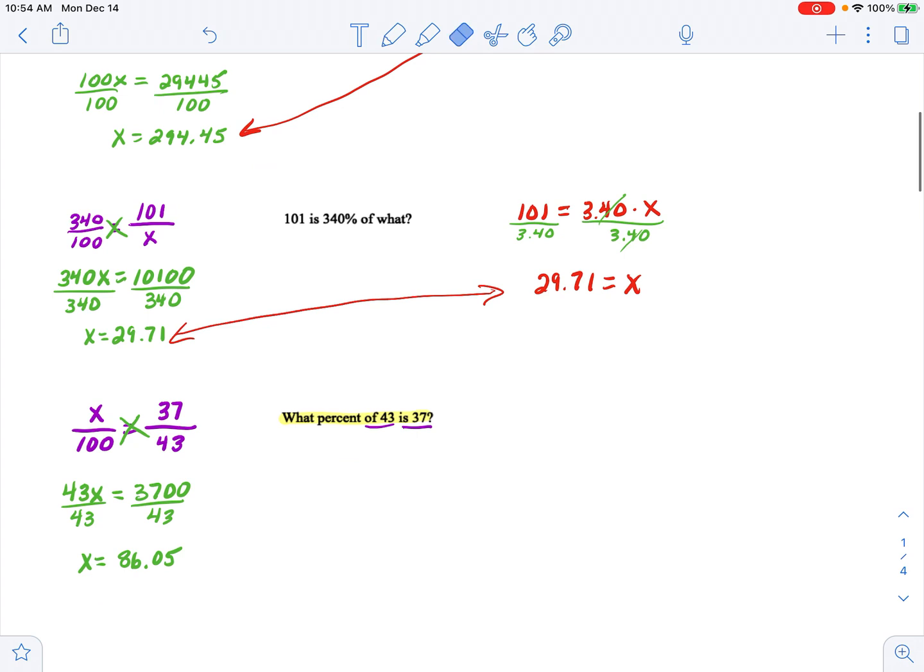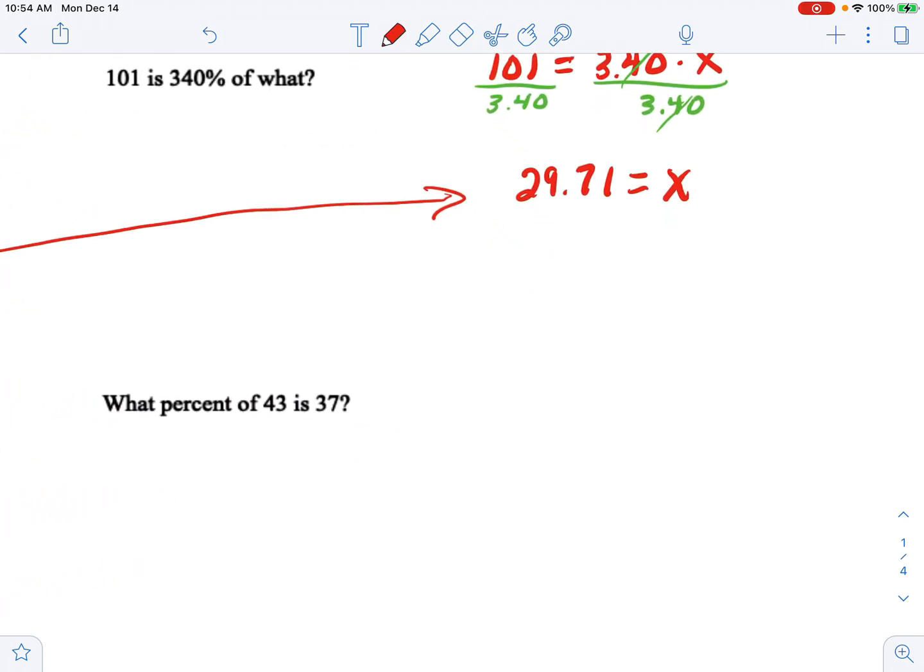Last one. Okay, last one. And this is the one, remember, that involved finding the percent. So we're going to say, what percent, that's x, of times 43 equals 37.